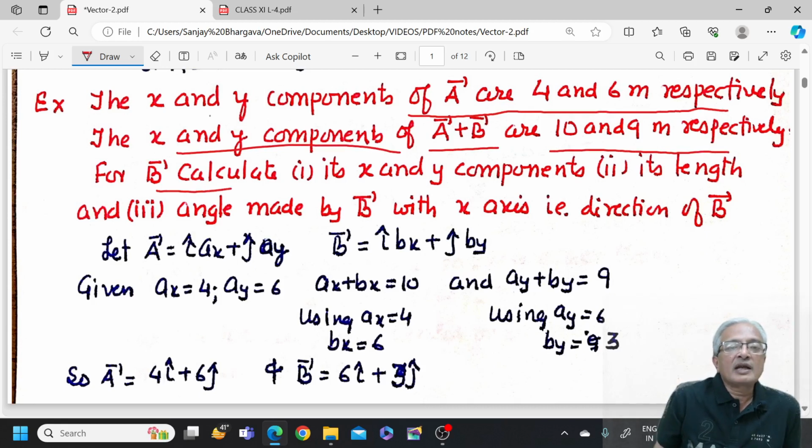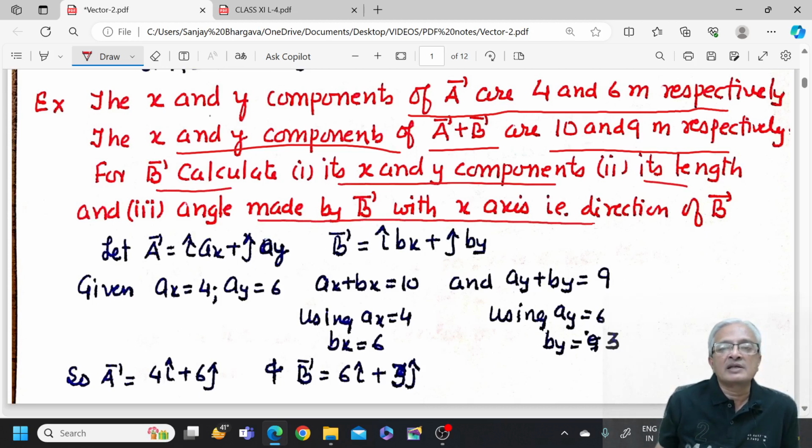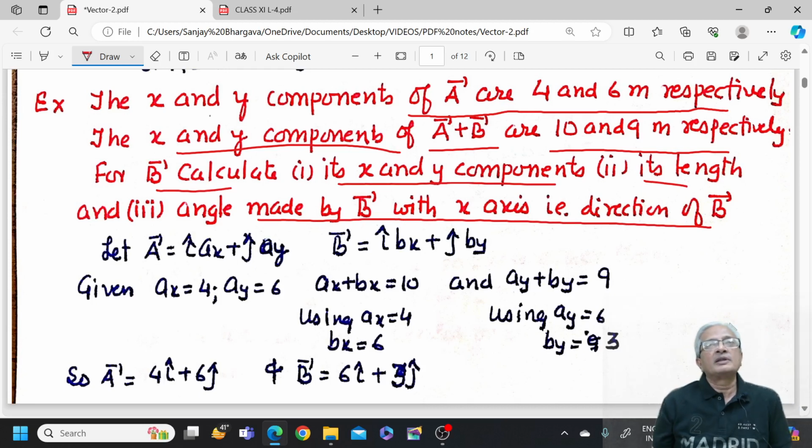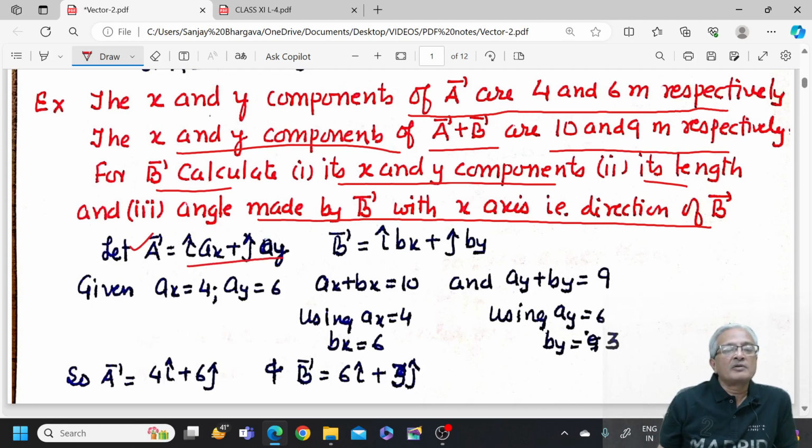For B vector, calculate its X and Y components, its length, and the angle made by the B vector with the X axis, that is, determine the direction of B vector. Let us assume A vector as i of AX plus j of AY, and B vector as i of BX plus j of BY. According to the question, AX is 4 and AY is 6, so A vector is 4i cap plus 6j cap.